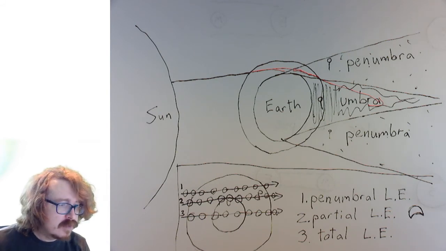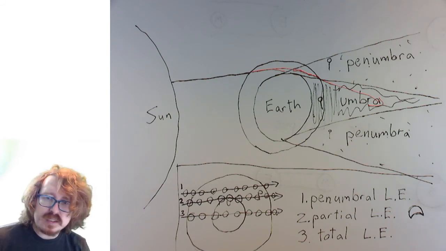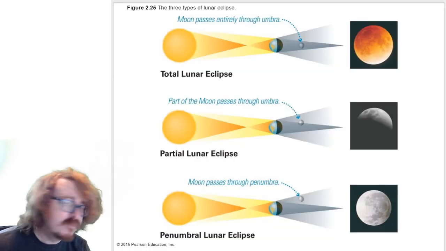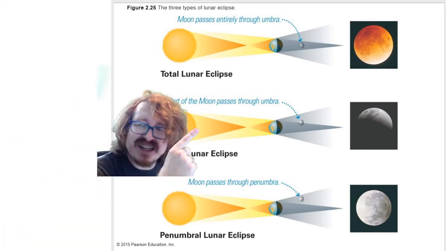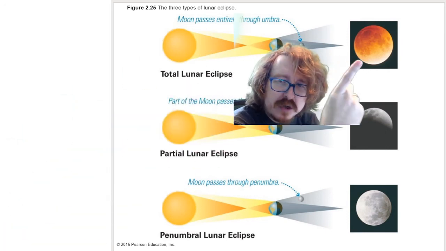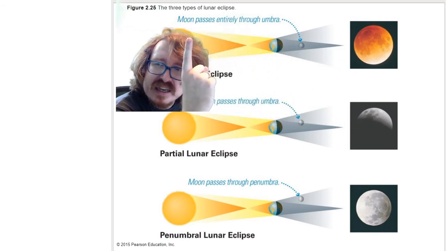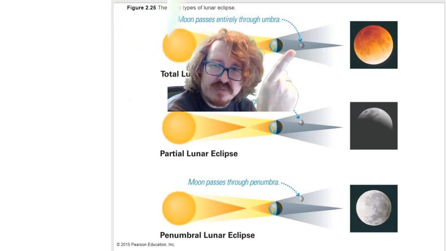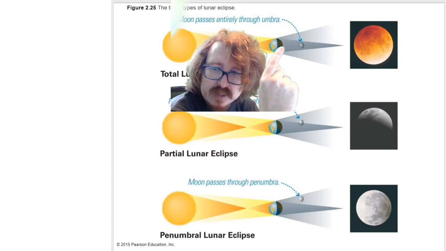Okay, so here we go. Let me bring this over here. So yeah, the reason that the moon looks red during a total lunar eclipse is the red sunlight trickles around our atmosphere and fills up this shadow.